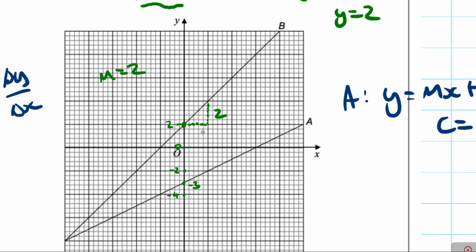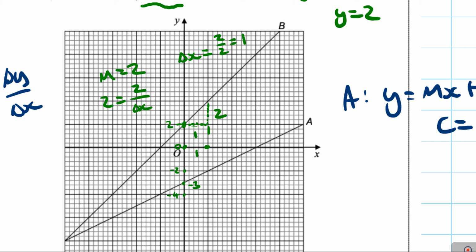We know that this is 2, but we want to find out what our scaling is here. So 2 is equal to the change in y, which is 2, divided by the change in x, and that change in x is represented by this dotted line here. We can rearrange, multiplying both sides by delta x and dividing by 2. Delta x equals 2 divided by 2, which is equal to 1. So we know that each big square here is equal to 1.